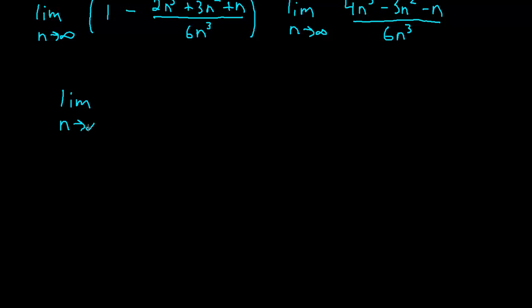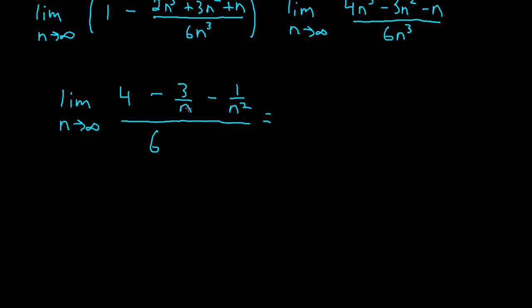As n goes to infinity, 4n cubed divided by n cubed is just 4, minus 3 over n, minus 1 over n squared. All I did was divide every term by n cubed, and whatever we do to the numerator, we also have to do to the denominator. Now let n blow up.